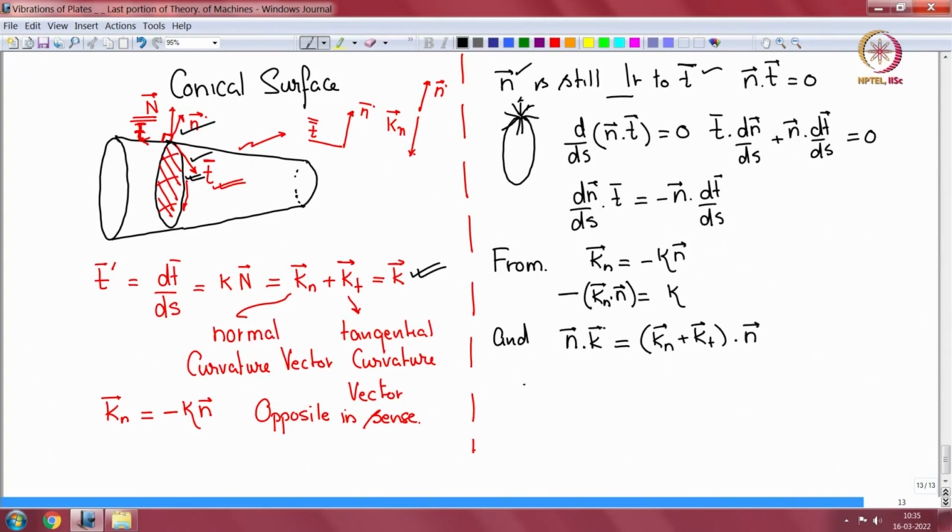Which now implies that n dotted with dt by ds is equal to n dot kn, because this dot is 0. Which means my minus kappa is equal to minus dn by ds dot t.